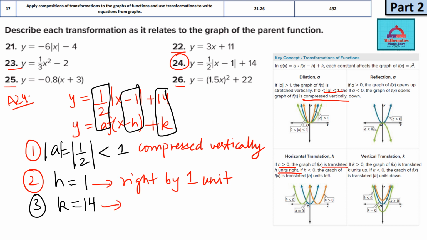Then k is vertical translation, as you know. So it is positive, so it's going to translate k units up, so up by 14 units. So this is how you solve this question 24, and the 3 correct transformations are these. Similarly, please solve all the remaining questions and then check your answers from the next slide.